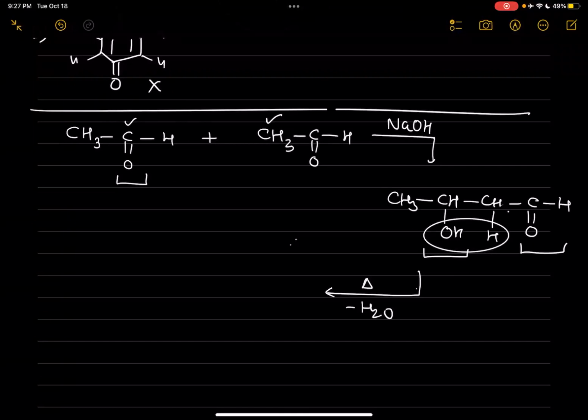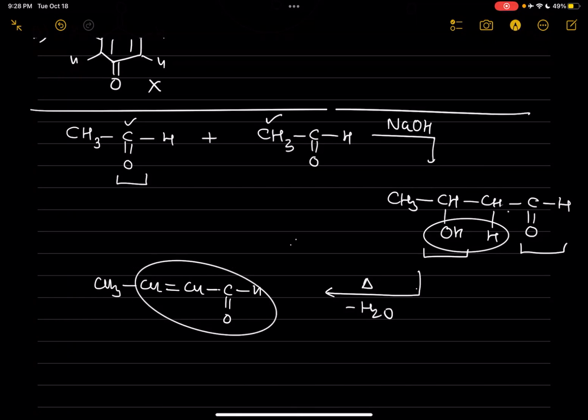You are going to remove water. Why is the water removed? Dehydration, sir, because of heating. There is a double bond found adjacent to another double bond, and because of resonance, this is stable.